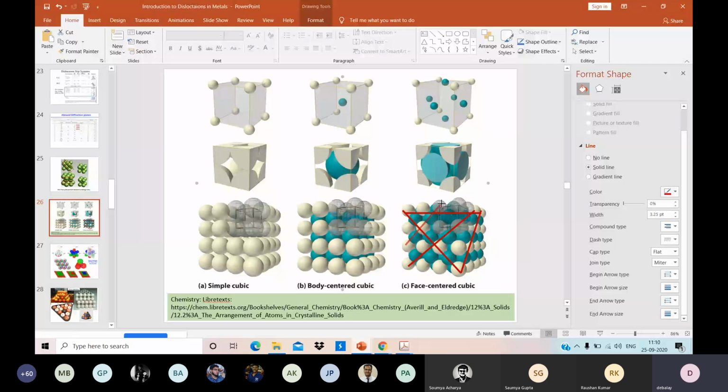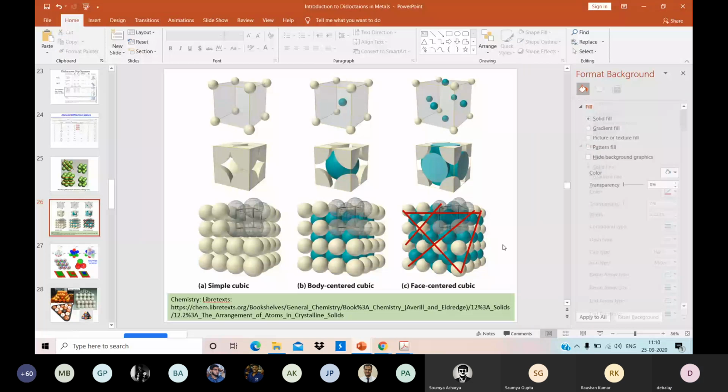So that's why it's not a single family of 1 1 1. There are multiple families of 1 1 1, and for a particular set of planes, they are parallel, and they slide with respect to one another.